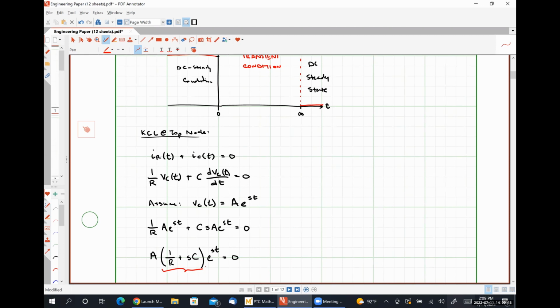So if we can make that characteristic polynomial 0, then our equation is valid. And this is true when s is equal to negative 1 over RC.